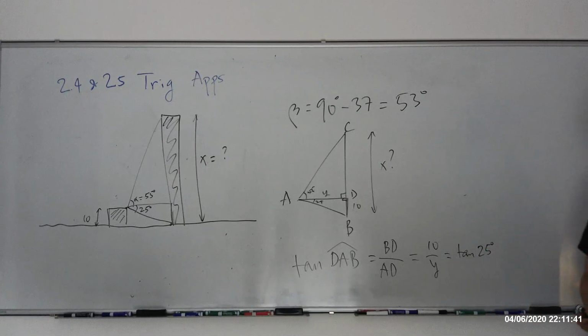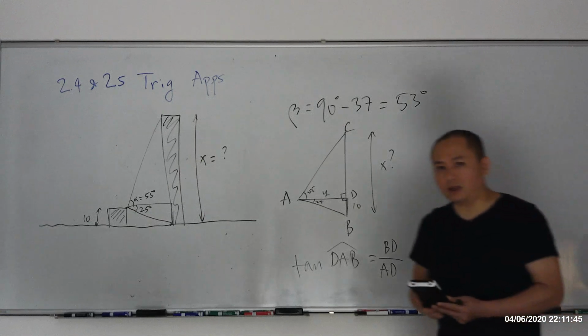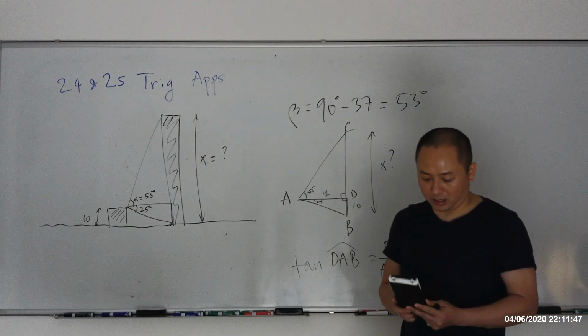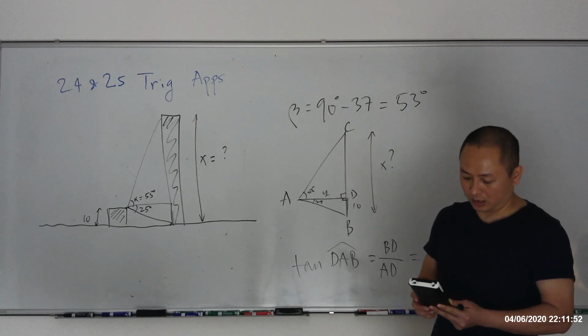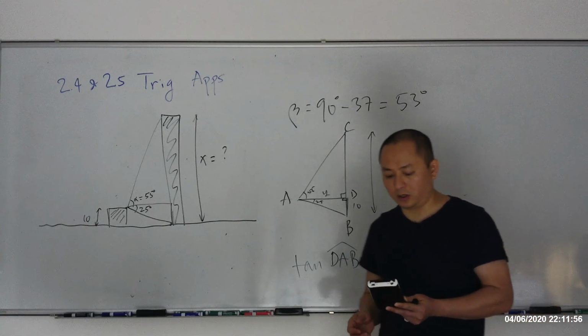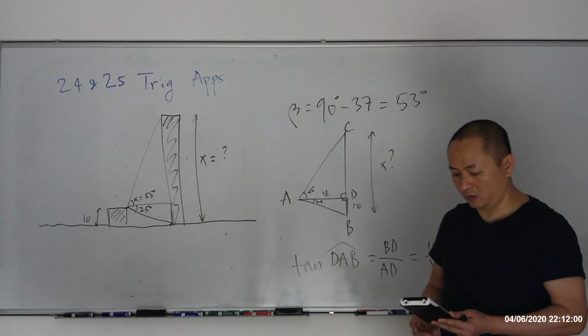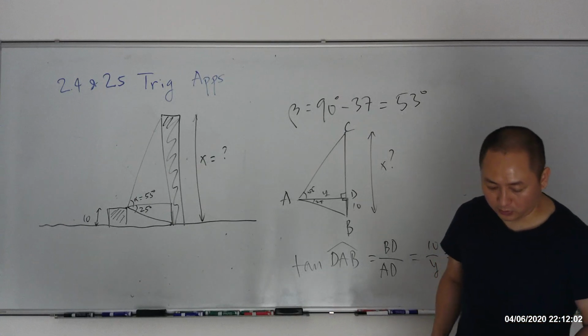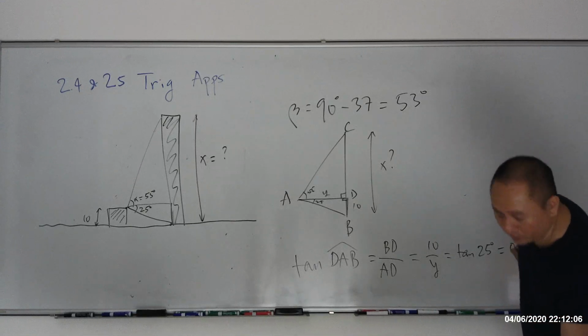And of course, we can calculate tangent of 25 degrees using our calculator. Here I'm going to use my TI-84 Plus. I'll just simply hit tangent and then 25 degrees. One more time, don't forget to convert your calculator back to degree mode before you use it. Let's do 3 decimals: 0.466.